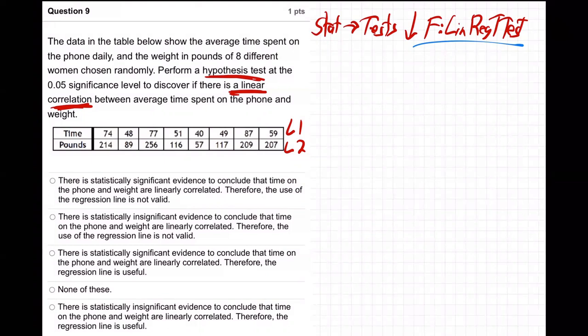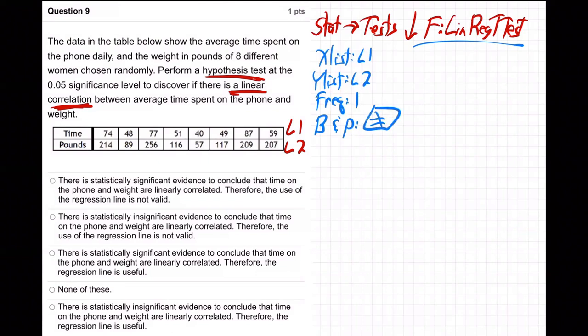And so when you do, you'll get X list, L1, Y list, that's L2, frequency was 1. And then we get the beta and rho option, and what do we do here? You need to choose not equal to 0.